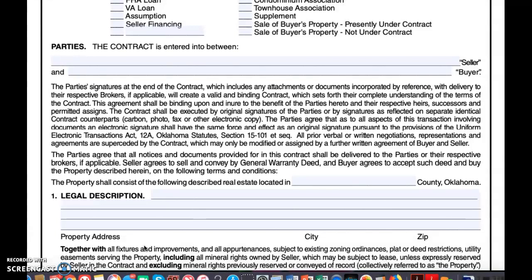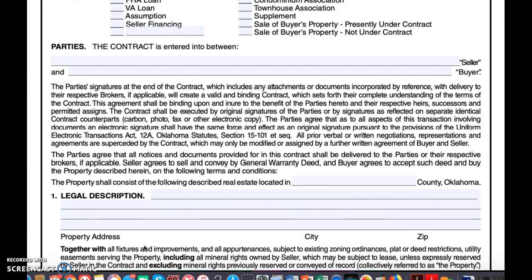This agreement shall be binding upon and inure to the benefit of the parties hereto and their respective heirs, successors, and permitted assigns. The contract shall be executed by original signatures of the parties or by signatures as reflected on separate identical contract counterparts, carbon, photo, fax, or other electronic copy.